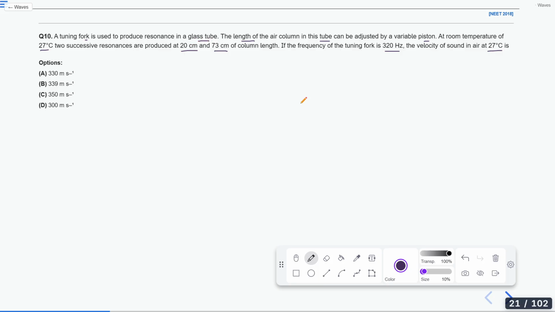in the glass tube. So one glass tube is there, and the length of the air column in this tube can be adjusted by a variable piston. So there is a variable piston here.